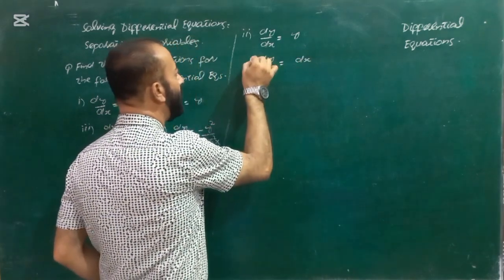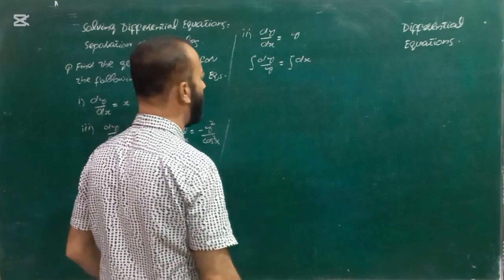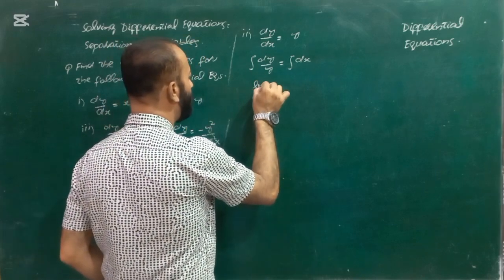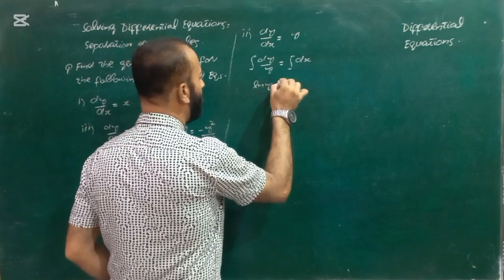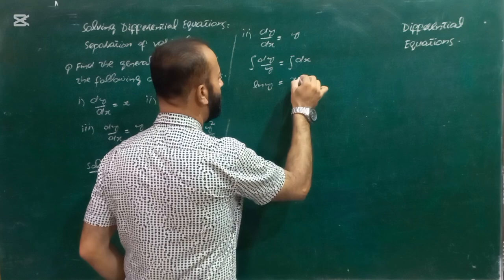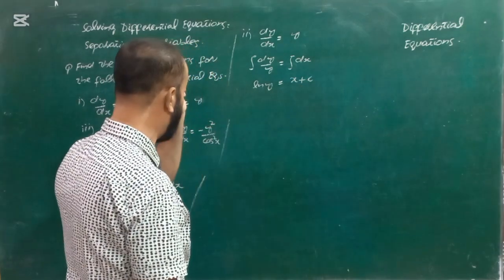Next step will be integrate with respect to y on the left and with respect to x on the right side. So this is 1 over y, so natural log of y is the answer, and on the right hand side x plus c will be the answer on the right side.